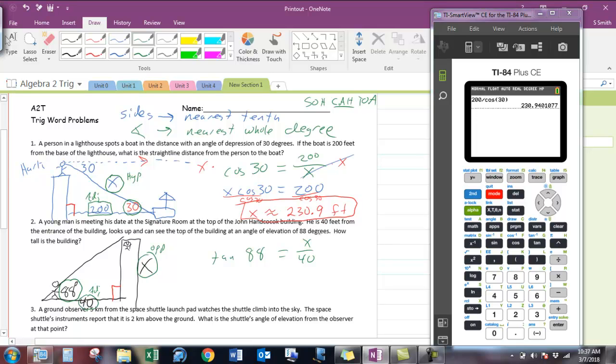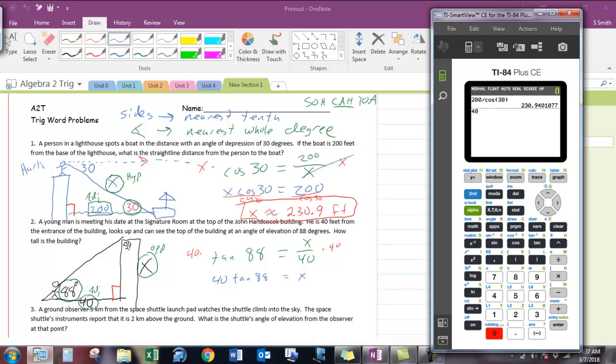So now we solve for x. Now this time x is on top. See how that's different from the previous example. So to get x by itself, it says x divided by 40. Just multiply by 40 on both sides. So x is equal to 40 times the tangent of 88. Put that in your calculator. 40 times the tangent of 88.